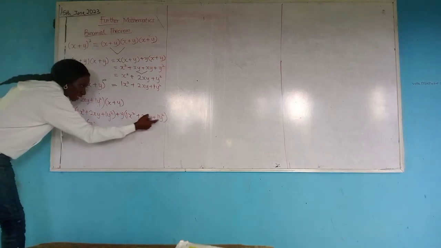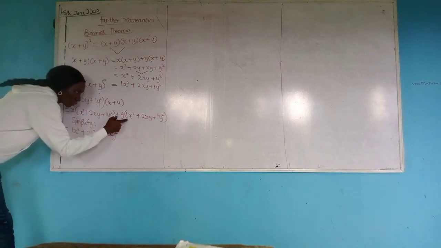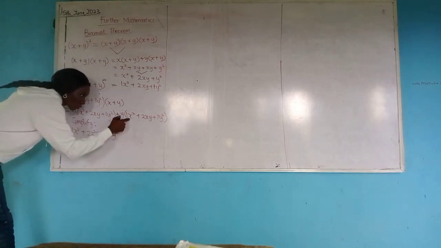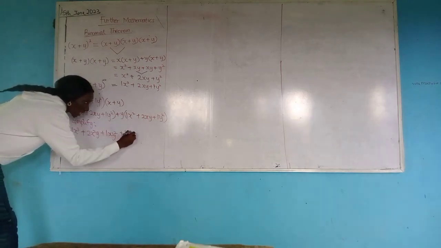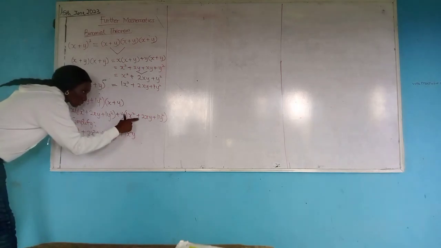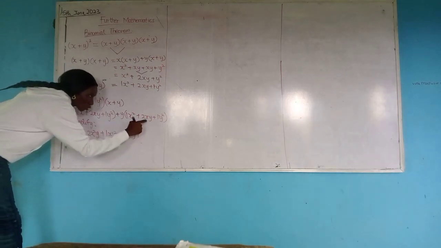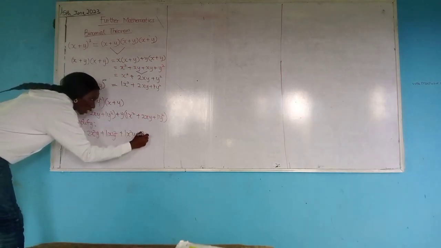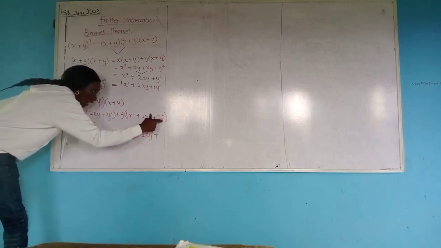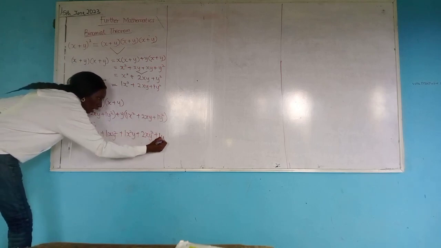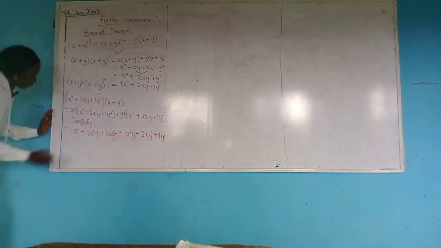Now I'm going to simplify the second bracket. Plus y multiplies everything here. So plus y times 1x squared gives me plus 1x squared y. Yes, plus times plus gives me plus. So y times 2xy gives me 2xy squared, plus y times 1y squared gives me 1y cubed.